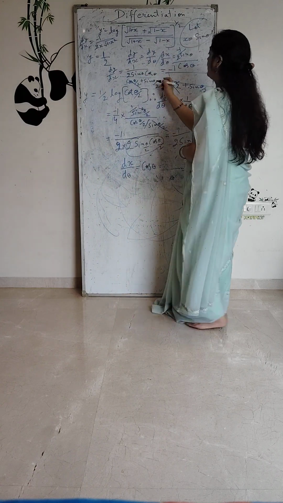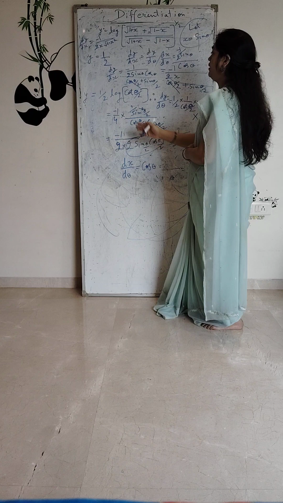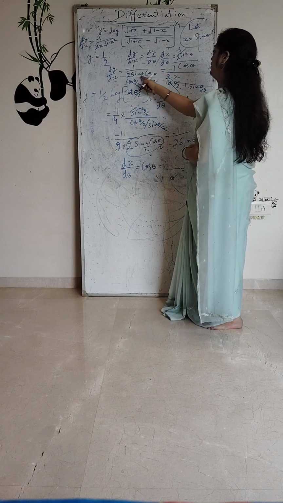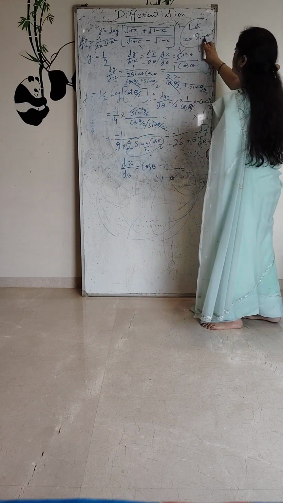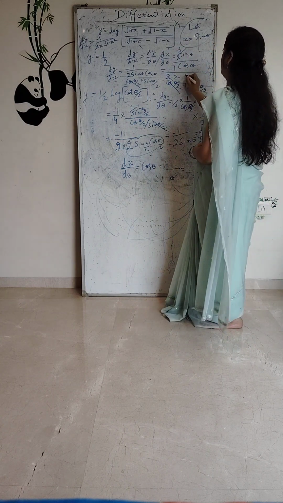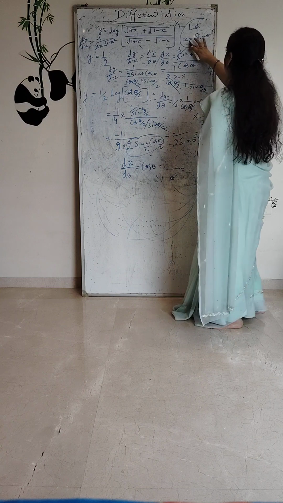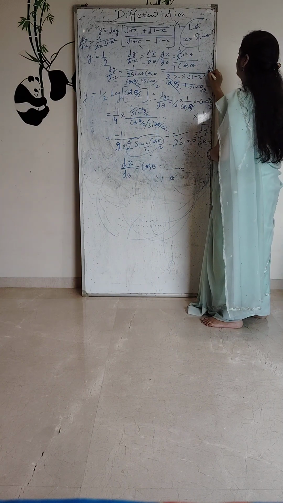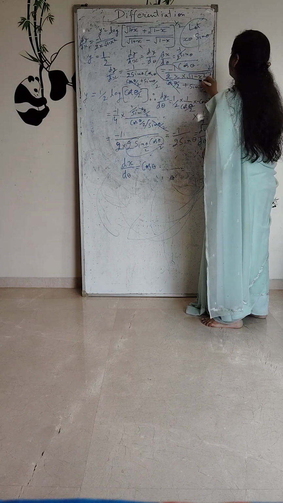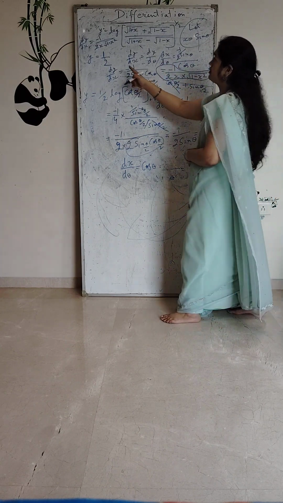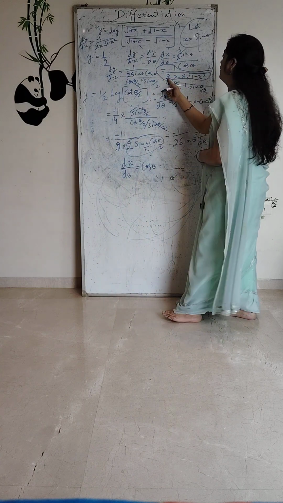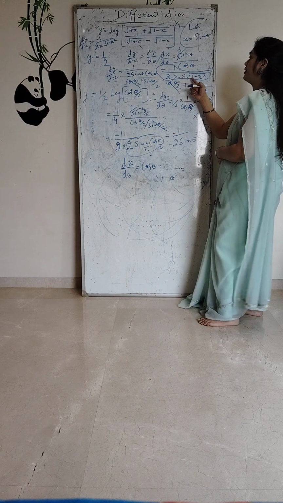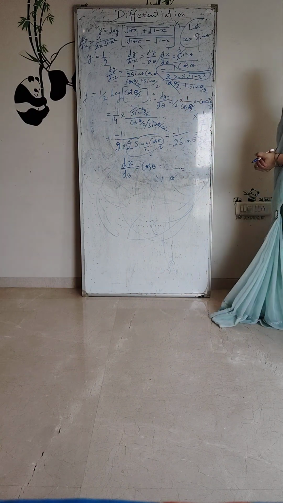Sin theta is x, so we convert it into x: minus 1 by 2x into cos theta. If x is sin theta, then cos theta is under the root of 1 minus x square. So the answer has come: minus 1 upon 2x under the root of 1 minus x square.